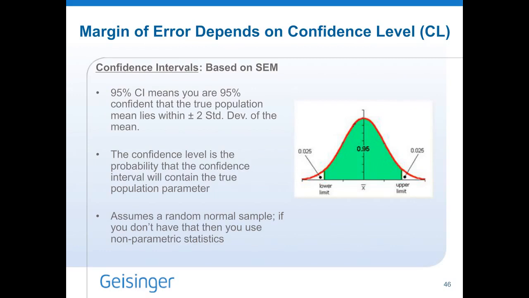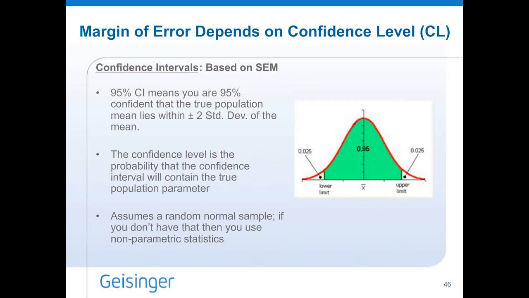This is based on the standard error of the mean, again pointing out that 2.5% extreme variance and proving that you have statistical significance if your 95% confidence intervals do not overlap.